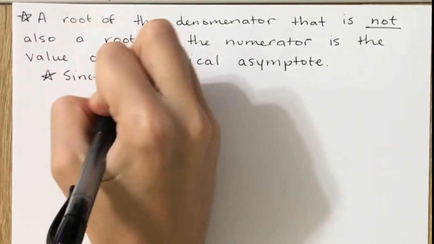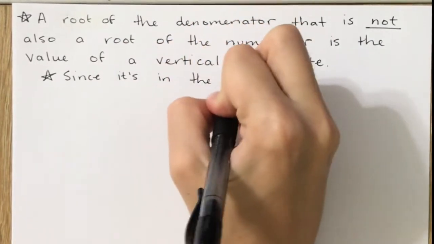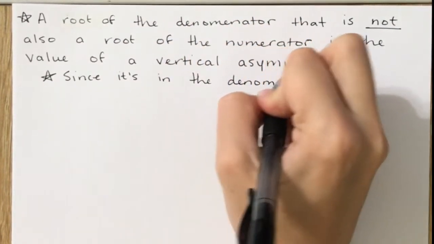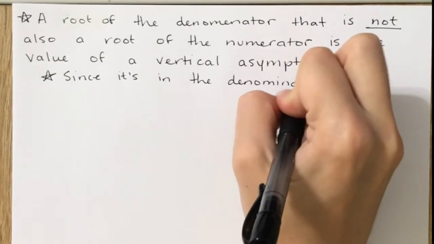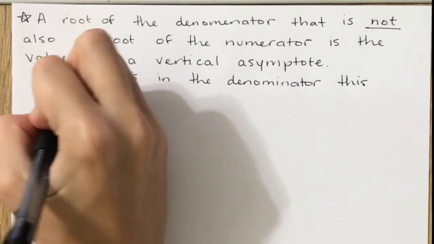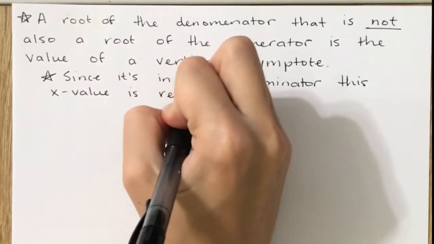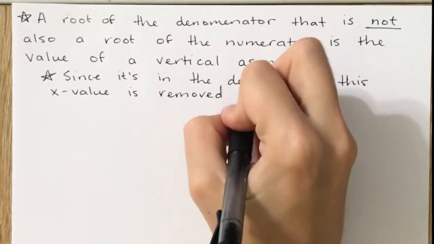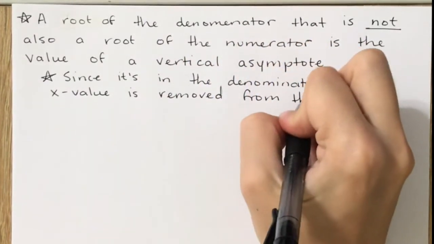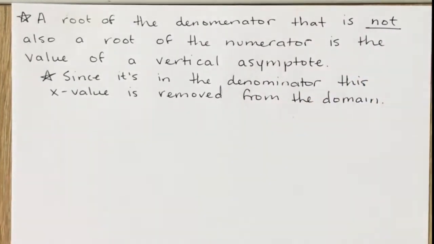Since it's in the denominator, this x value is removed from the domain. Awesome.